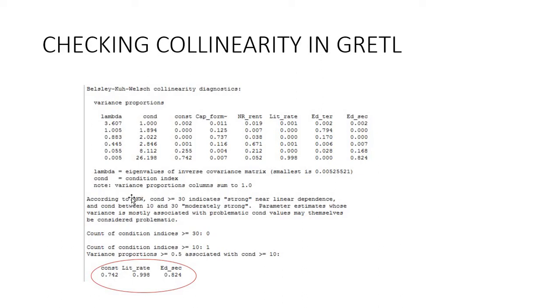So as it said here, if the critical value of the statistic is above 30, it indicates strong and close to exact linear dependence. And if it's between 10 and 30, it's moderately strong. Ideally it should be below 10, but take a look. Actually here you have those problematic variables.